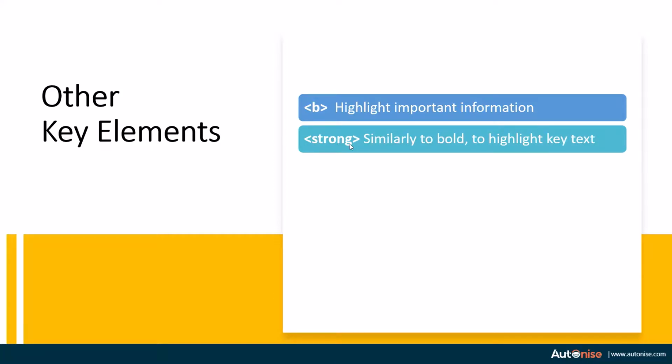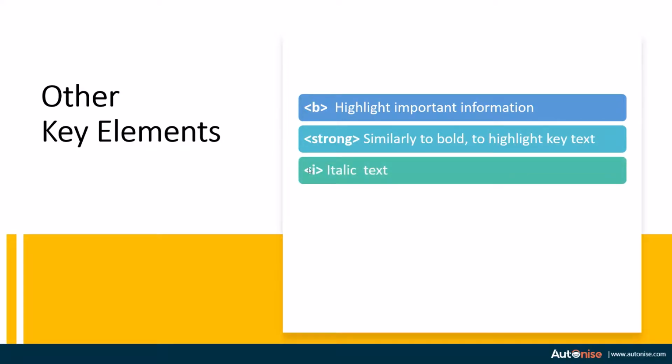A strong might mean that you want the user to hear an audio when you click on the text. So if you use a strong, in the future, a browser might convert the text written inside the strong element to an audio. But currently, all browsers just convert your text to bold when you use the strong tag.